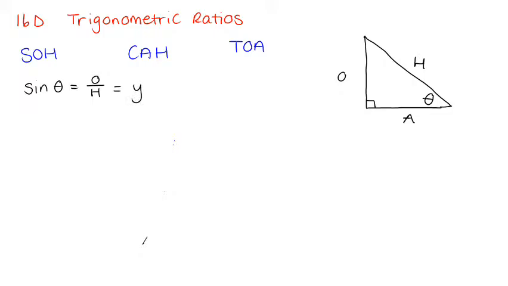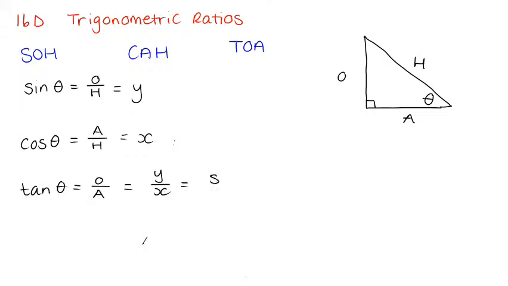Cosine theta equals adjacent over hypotenuse, or X. Yep. Tan theta equals opposite over adjacent, or Y over X, or of course sine theta over cosine theta.